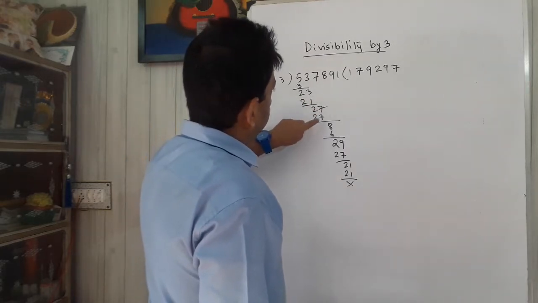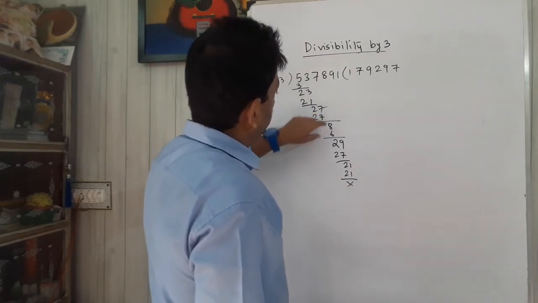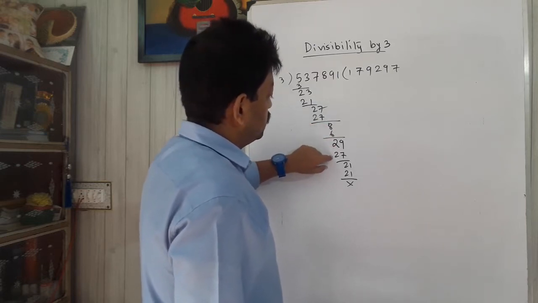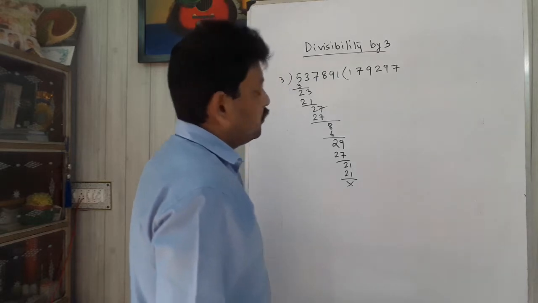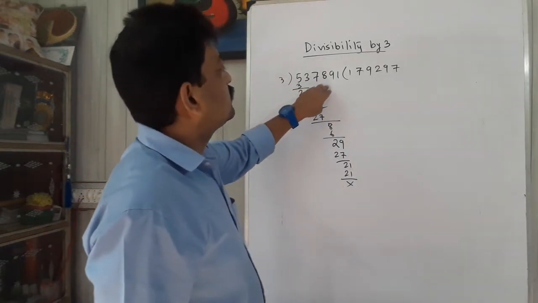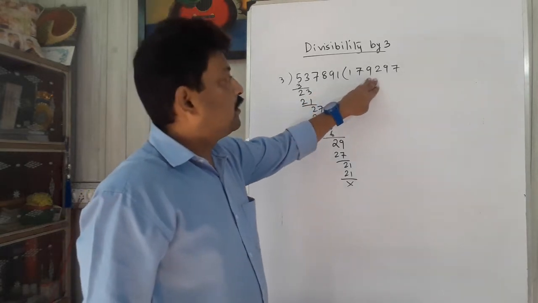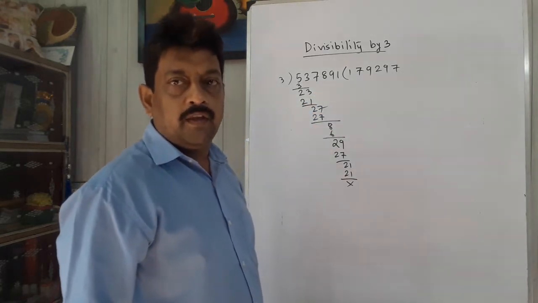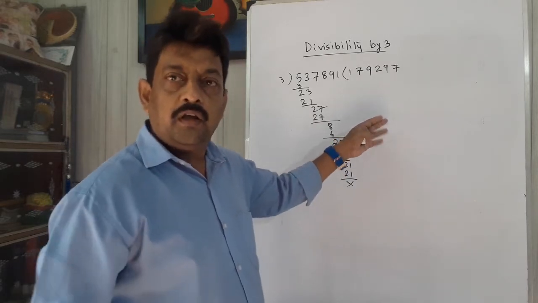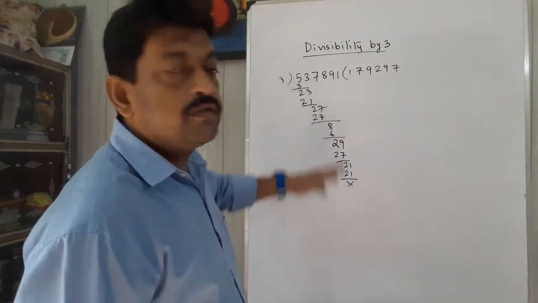So by the actual division method you can see that 537891 is divisible by 3. Therefore the rule to check the divisibility is proved.